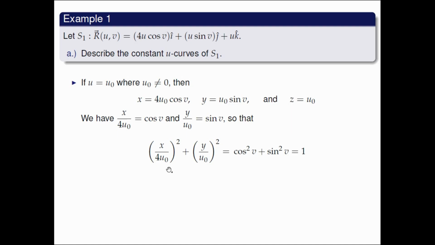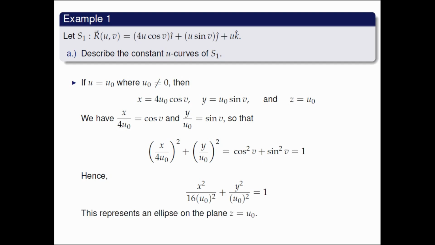Yung left hand side equal to sa x squared over 16 u naught squared plus y squared over u naught squared. Hence, x squared over 16 u naught squared plus y squared over u naught squared equals 1. Itong equation na to, on the plane z equals u naught, this represents an ellipse. Therefore, the constant u curve when u is non-zero is an ellipse.